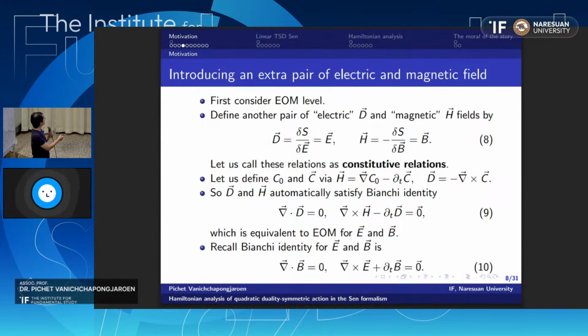We define H and D in this way, related to the C's, in a similar way as how E and B are related to A. I'm not sure if it's emergent, but it's a way that we introduce the extra pair, so that at the equation of motion level we actually get equations 9 and 10 for free, basically.